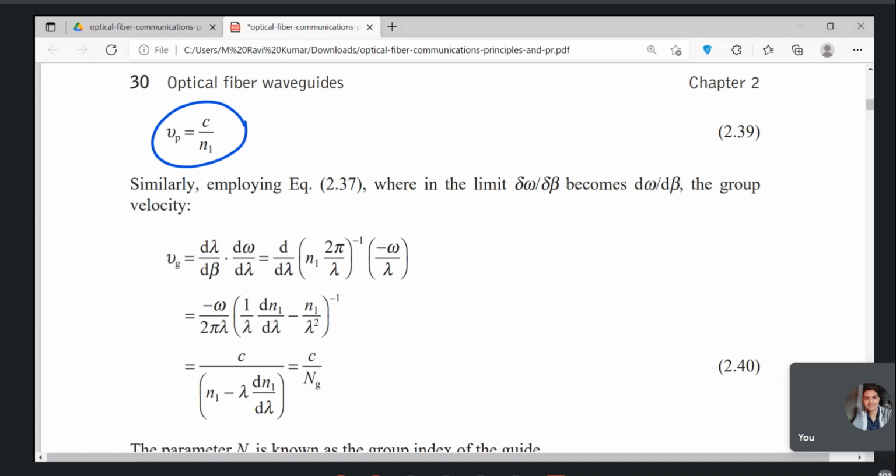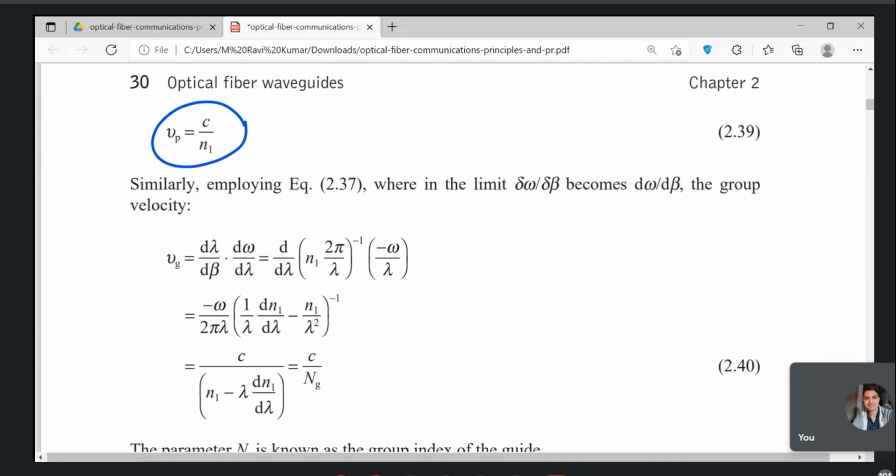So whatever source we use has a very narrow line width or bandwidth. It has a certain frequency band along which the light ray would transmit.